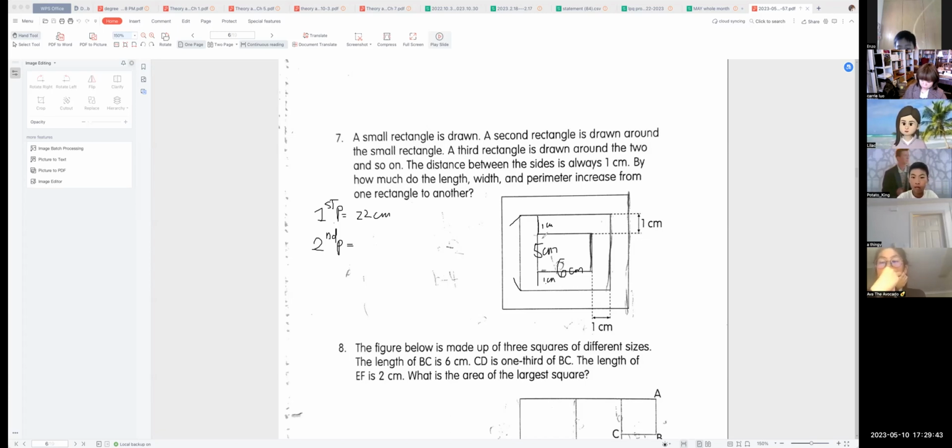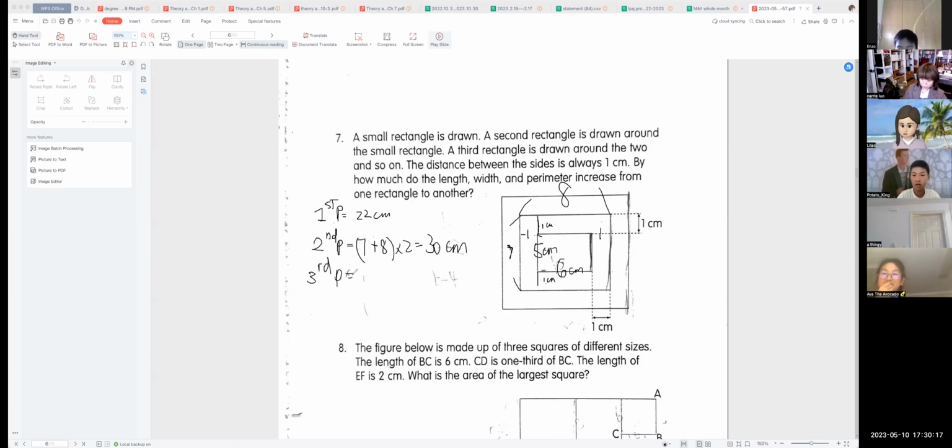So equals what? 1 plus 5 plus 1 equals 7, right? And here, 1 plus 1 plus 6 is 8. So the perimeter will be 7 plus 8 times 2 equals 30 centimeters.